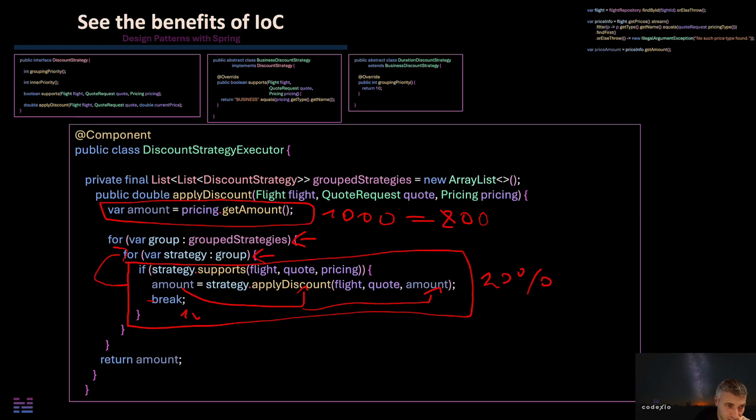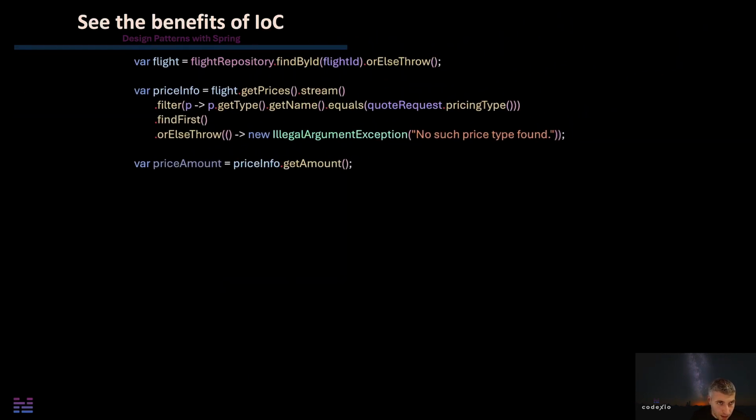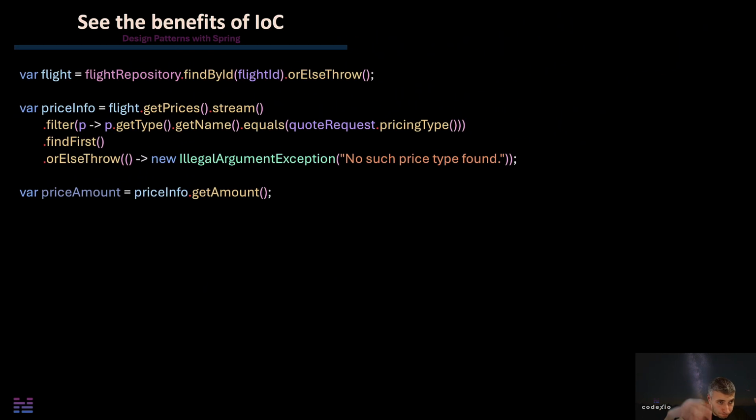It says, okay, 10% discount, then we go to 720, sorry, and again, this is reducing the amount at some point, returning, let's say, 720 starting from 1,000.